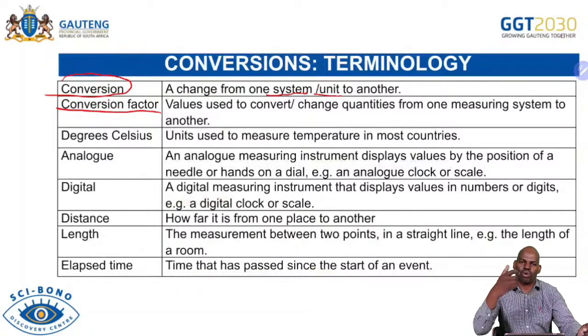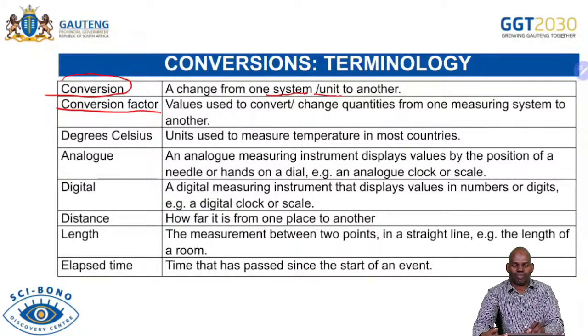But what do we mean by the conversion factor? So conversion factor is a value used to convert or change quantities from one measuring system to another. You can just avoid the or. Like for instance, in this case, you can say value used to convert quantities from one measuring system to another. If you don't want to use the word convert, you can say value used to change quantities from one measuring system to another.